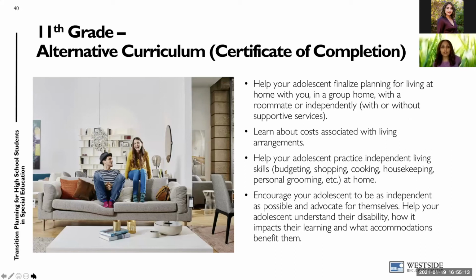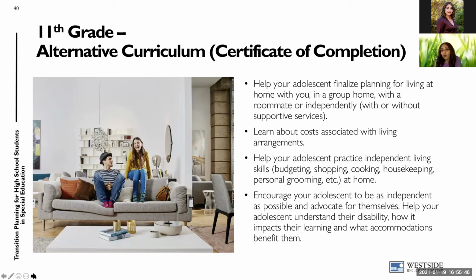So in the 11th grade, for the students in alternative curriculum or certificate of completion, they would still be doing a lot of the functional curriculum, functional skills. But we should still talk to our students about what kind of living arrangements they would like once they exit high school. What would you like to do? How would you like to live? Where would you like to live?